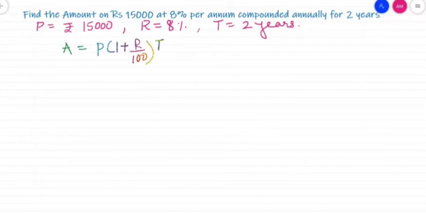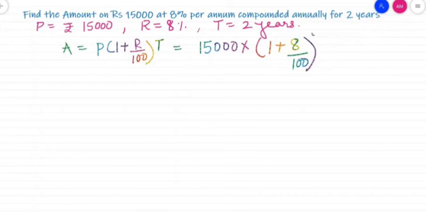Now since we have to find the amount, we shall put the values to these particular alphabets. So P is for principal amount. So principal amount is 15,000 multiplied by 1 plus your R is 8 divided by 100 to the power time is T.